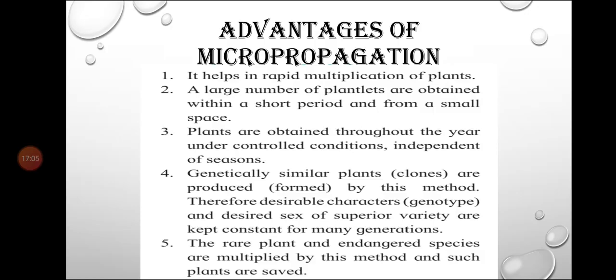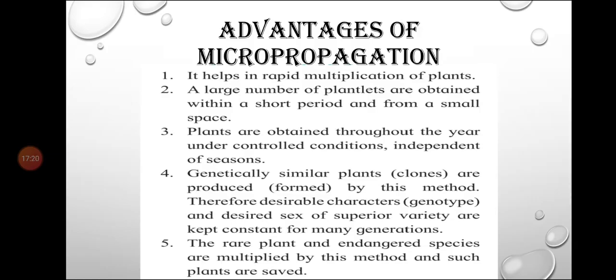We will definitely use the better quality of the crop, so we will get better yield, superior variety for many generations.